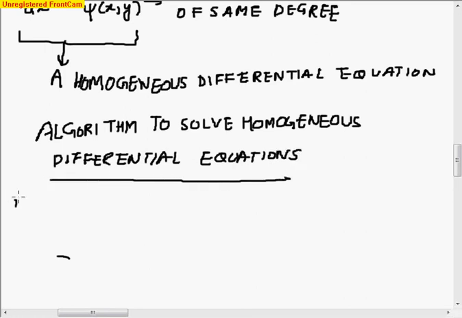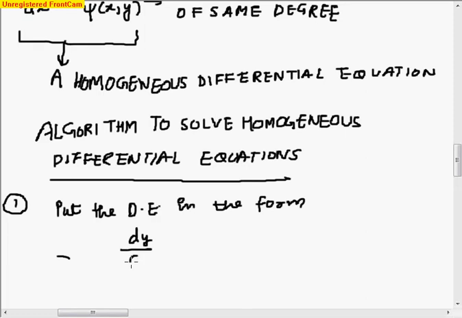First step: put your differential equation in this form. If it is not in this form, put the differential equation in the form dy by dx is equal to phi(x, y) upon psi(x, y). This is the first step you have to do.